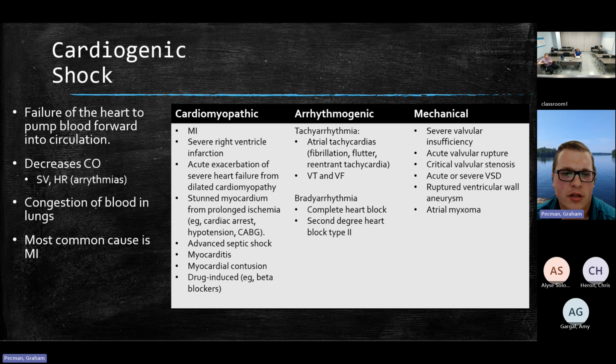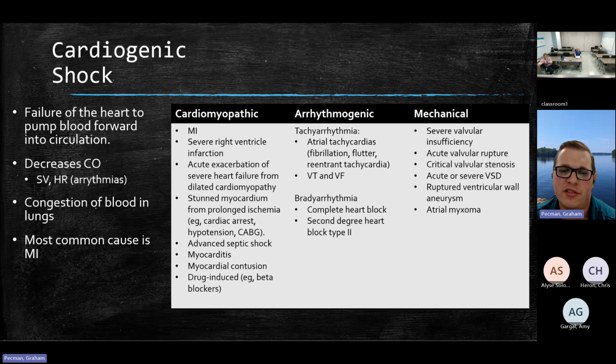So this chart shows the different causes. You have the different cardiogenic causes: MI, severe right ventricular infarction, myocardial infarction that's severe enough, really any area of the myocardium. Advanced septic shock, anaphylactic shock isn't really on here, but that also results in coronary artery constriction and therefore a decrease in cardiac output.